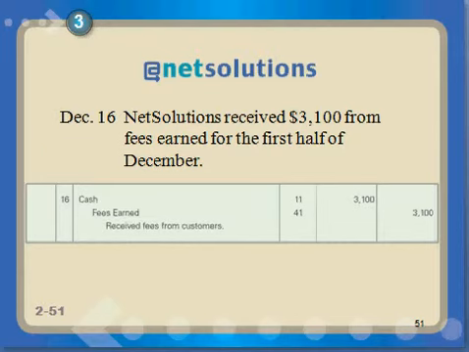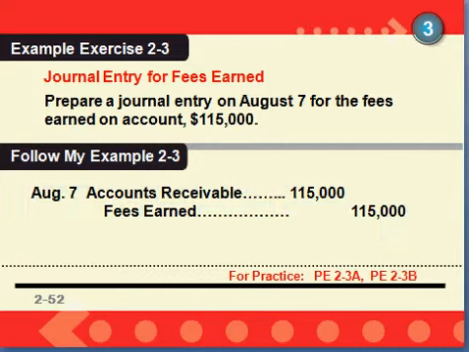Now we're going to take a look at an example on page 63. And this one we're going to do a journal entry on August the 7th for fees earned on account for $115,000. So in our general journal we'd put August the 7th, debit our accounts receivable for $115,000 because we didn't get the cash. We only sent out the invoices.